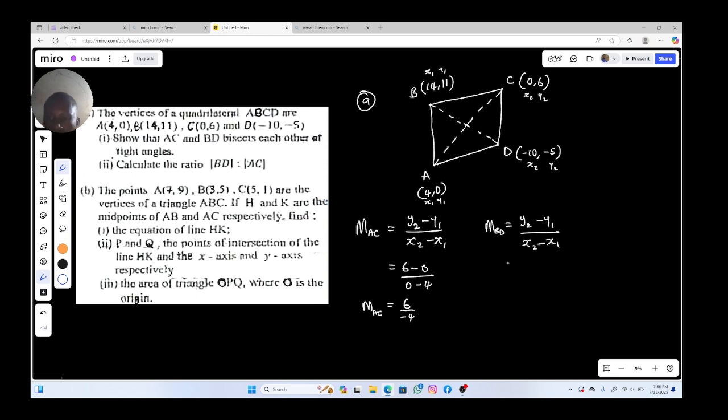All right, so y2 for D is -5, and y1 is 11. So it's -5 minus 11 over x2 is -10, then minus x1, which is 14, so it's -14. The numerator gives us -16, then the denominator gives us -24. So the minuses can cancel out.